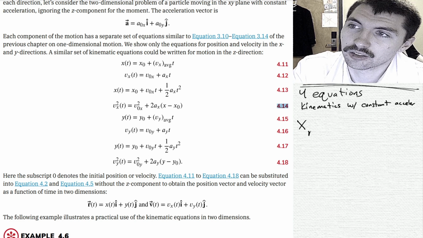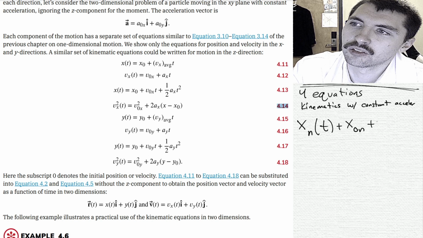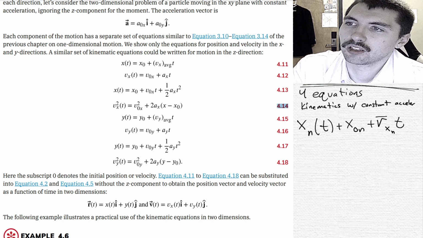So we're going to say this is x of the n dimension plus x naught of the n dimension plus the average velocity of the x, this should be x of t, so that'd be x of n, times t. Okay, so this is 1.